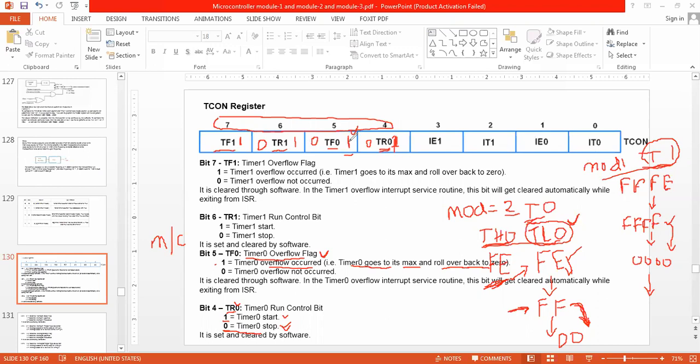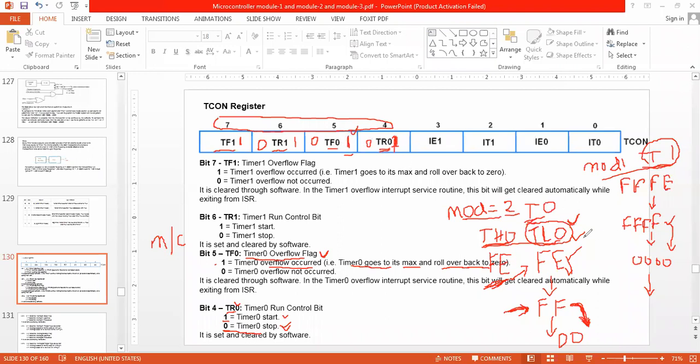Whenever it reaches some maximum value, either in mode 2, mode 1, mode 0 or mode 3, whenever the incrementing value reaches the maximum number and rolls back to 0 0, then automatically, so this is a watchman, no, the TF.